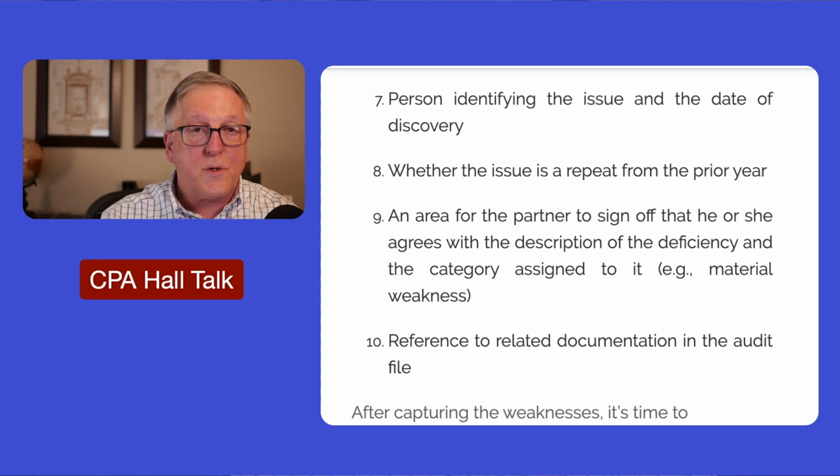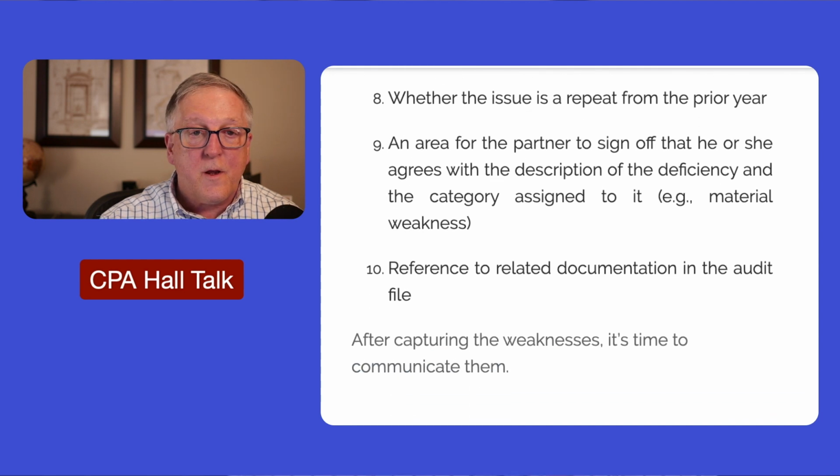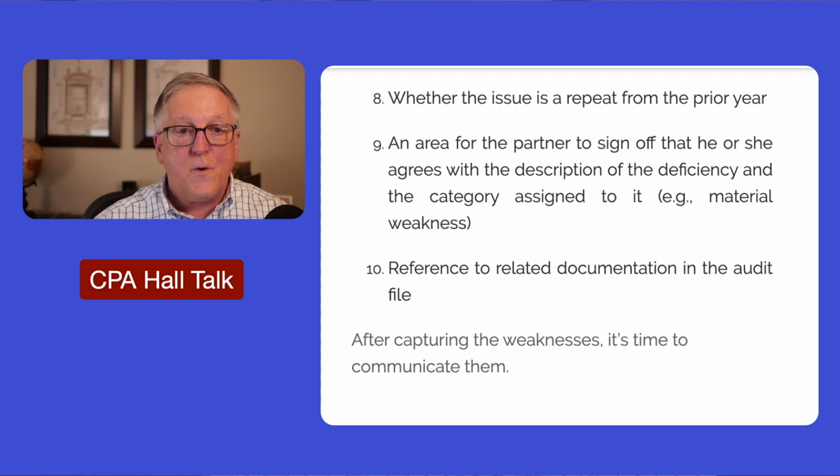Now, that's the person on your audit team that identified the control weakness and the date that they made that discovery. Number eight, whether the issue is a repeat offense. So if they had the control weakness last year and then they have it again this year, you want to know that.